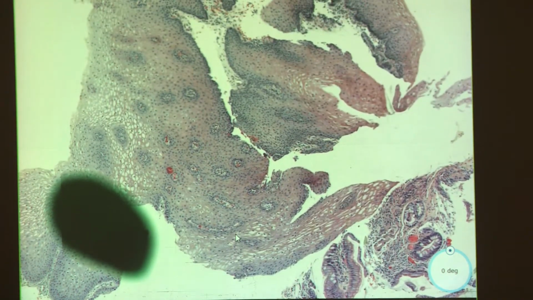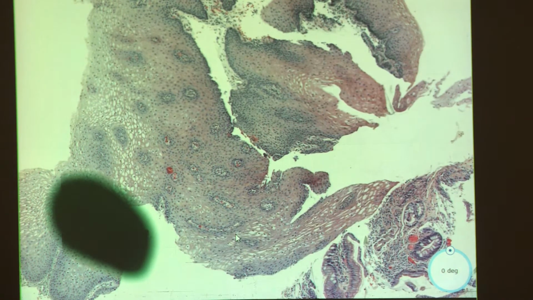So let's say this is mid-esophagus. Then you would say this is Barrett's esophagus, because it has to be at least 1 centimeter superior to the gastric folds.